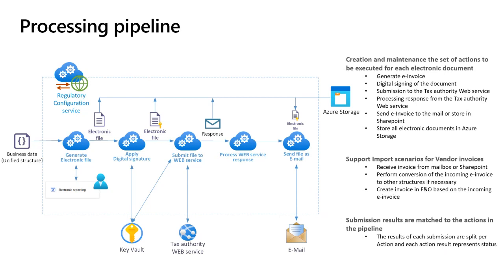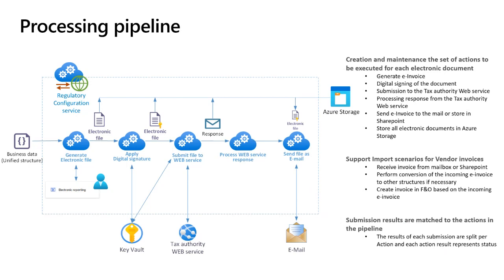Depending on the setup on the F&O side, corresponding tables and records, for example journals, can be updated with certain information sent back to your F&O, and in F&O you can also download the files generated during processing pipeline execution.